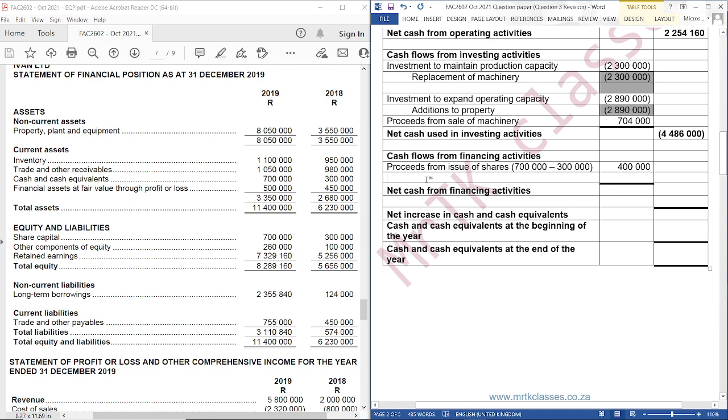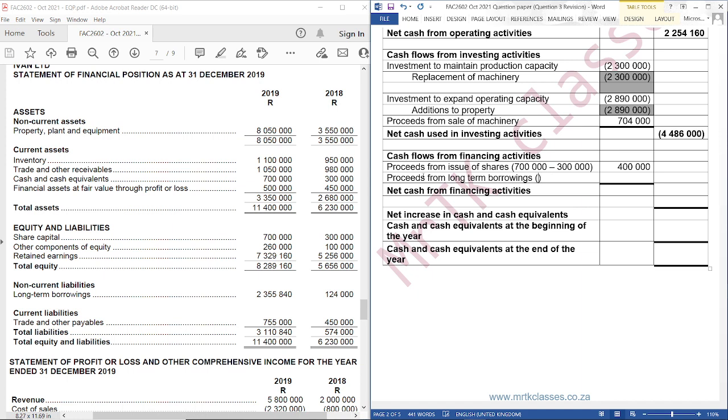Then long-term borrowings, you can see that this line item increased, which means that the company obtained a loan, so there are also proceeds there. Proceeds from long-term borrowings, right?